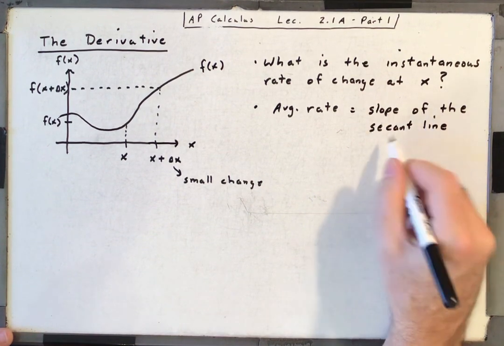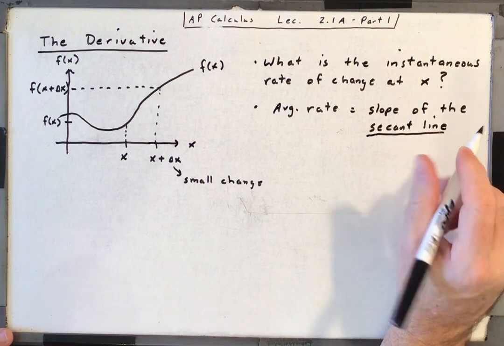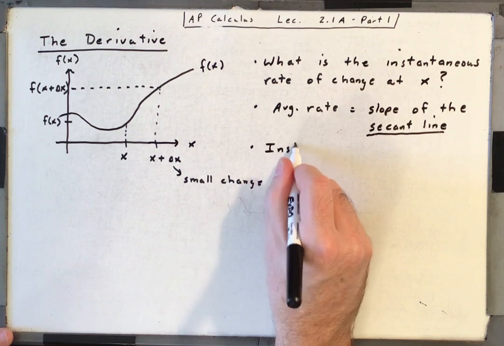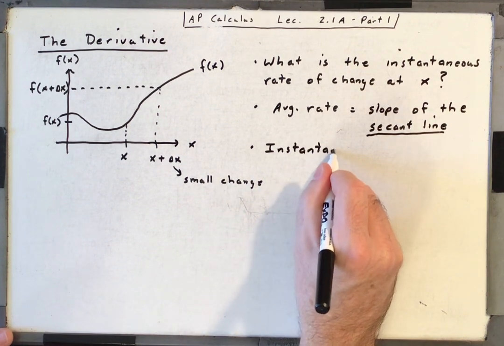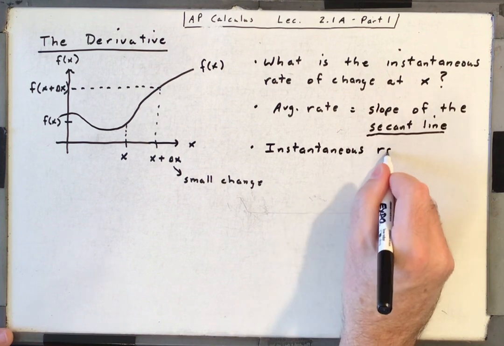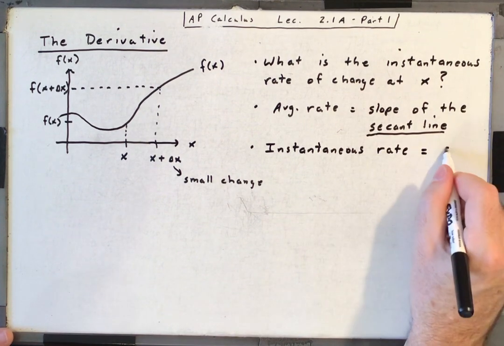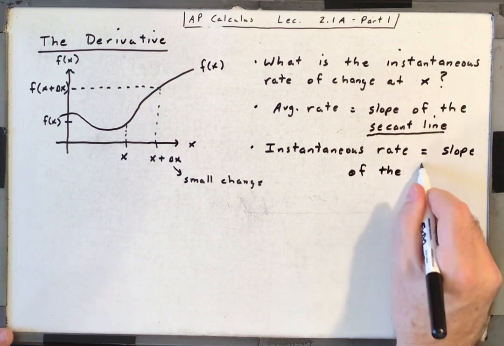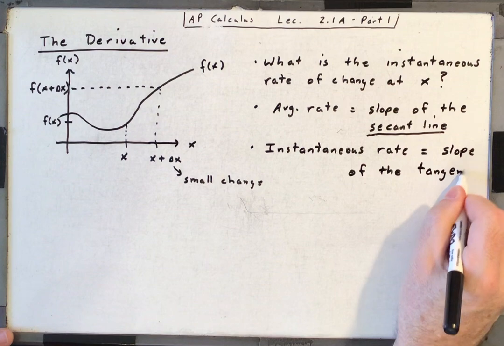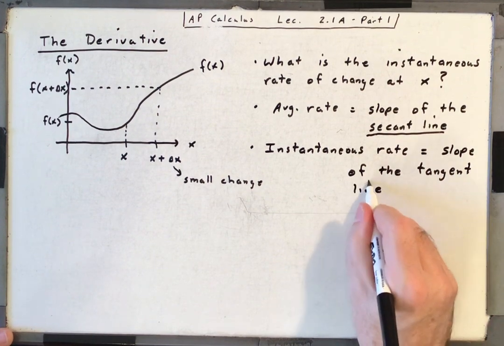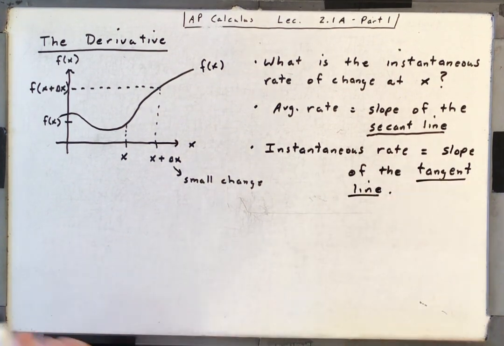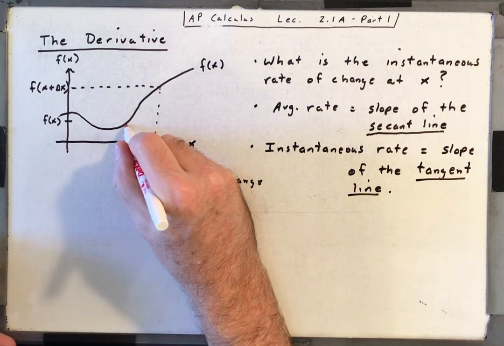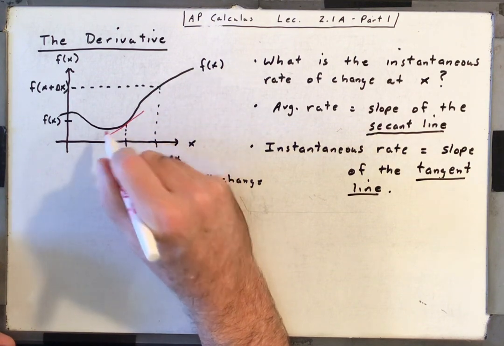That is an important concept that we'll use quite a bit, but that's not what the question is asking. The instantaneous rate is equal to the slope of the tangent line. Okay, let's draw the tangent line in there, in red. It'd be something like this. So we're looking at the slope of that line.